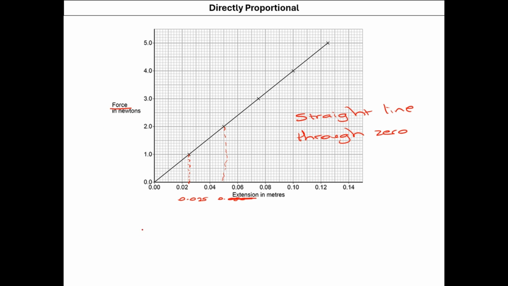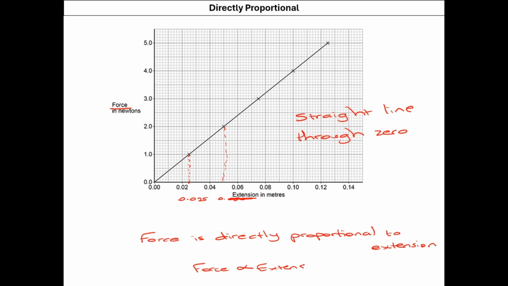I use the labels on the graph. Or saying it with the symbol, I could say force directly proportional extension, just in case the symbol comes up. So that's how you pick up your marks with directly proportional.